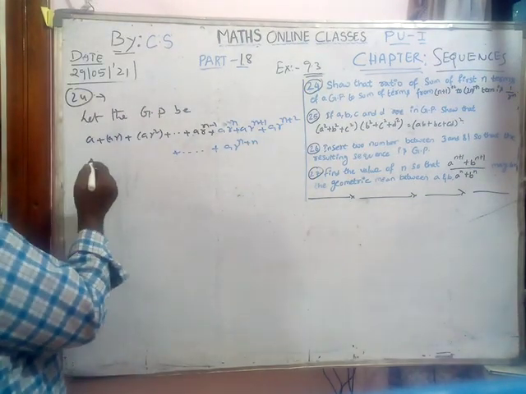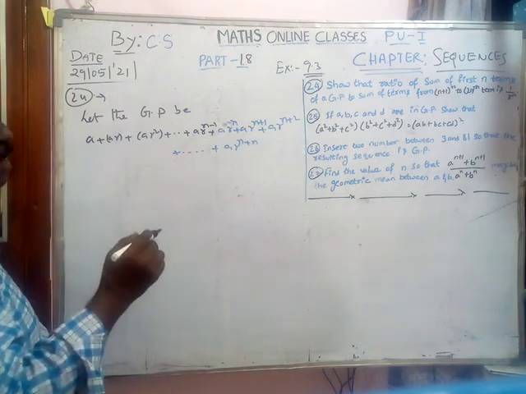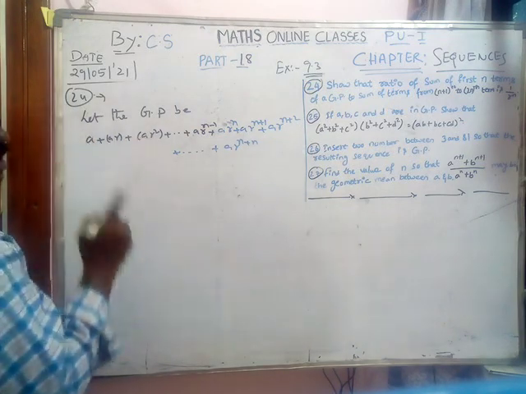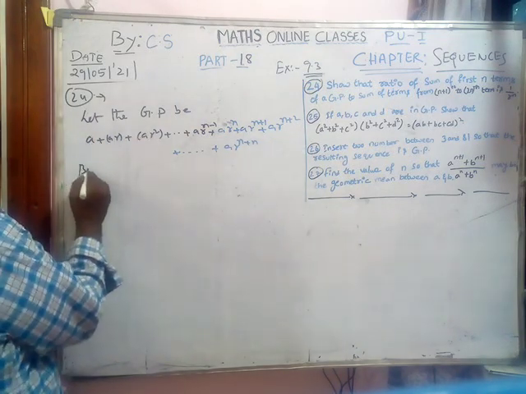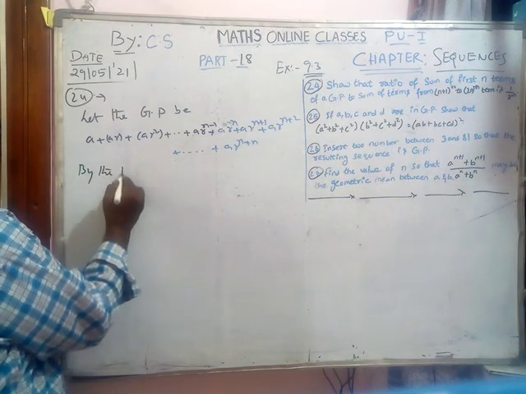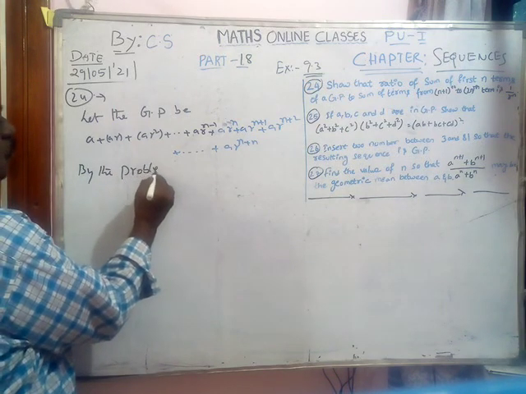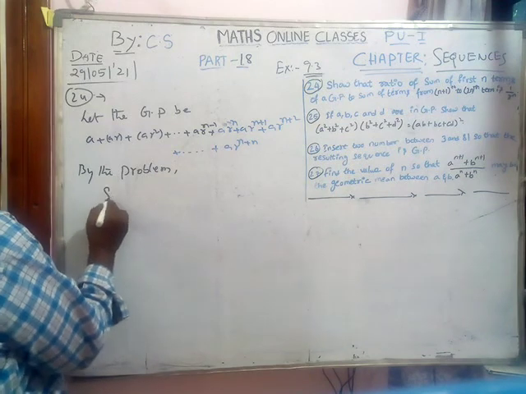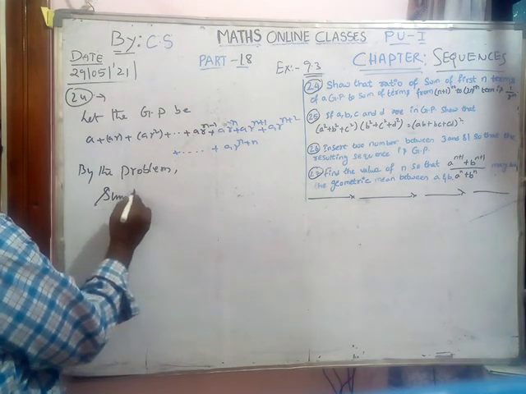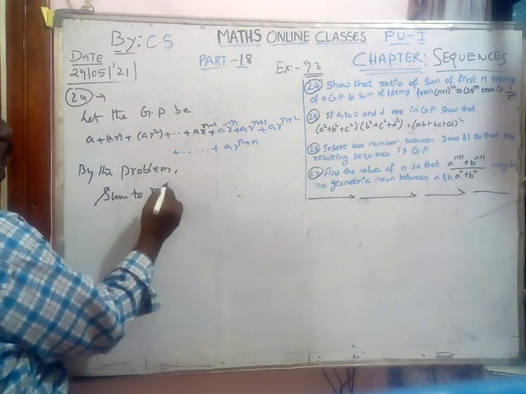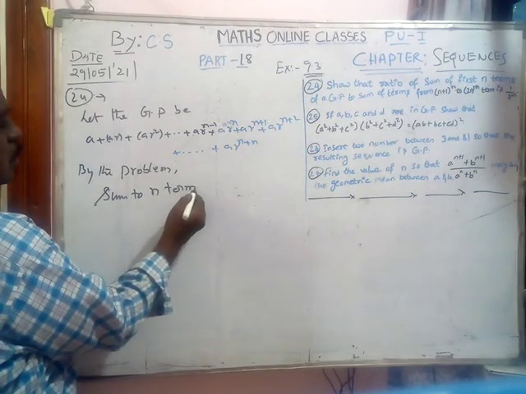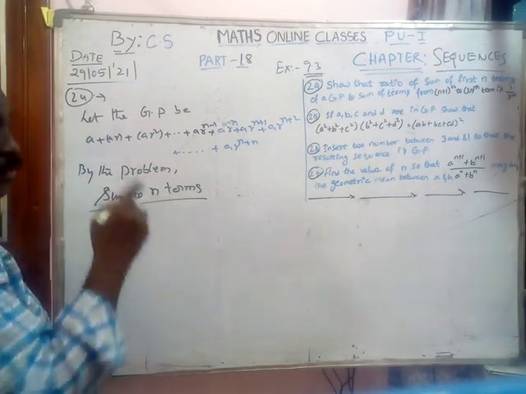Here very clearly, you see in the black letters, it is sum to n terms. By the problem, sum to n terms by that ratio is taken.